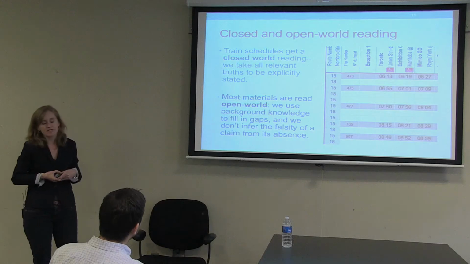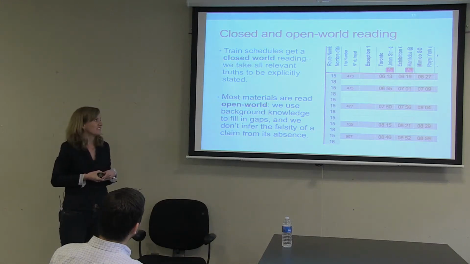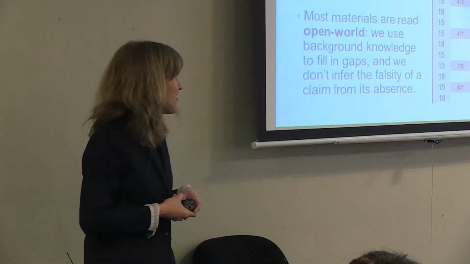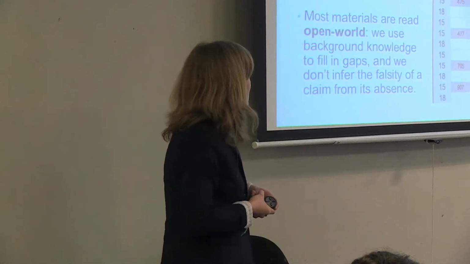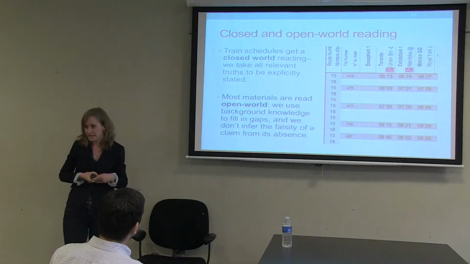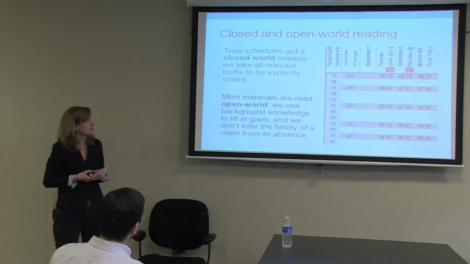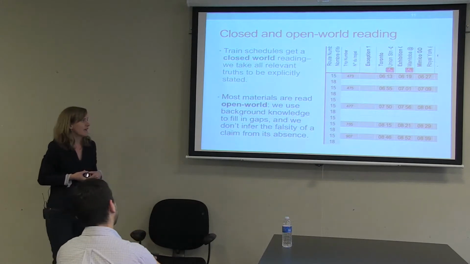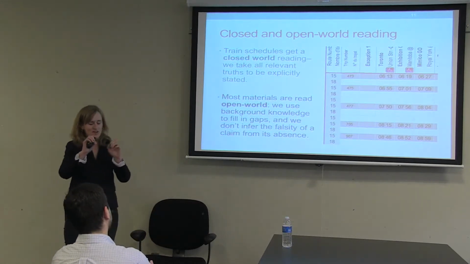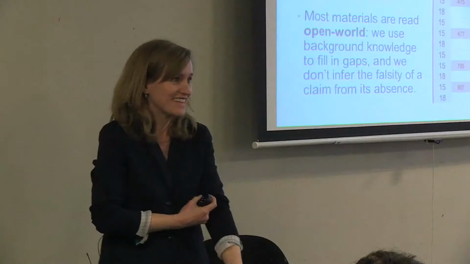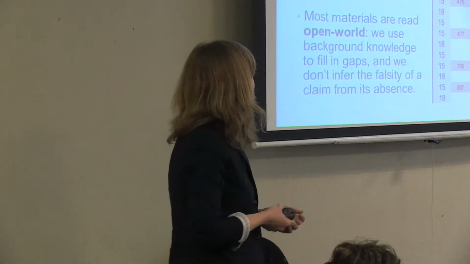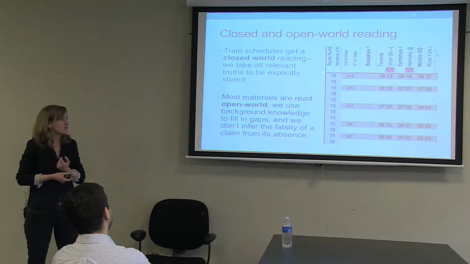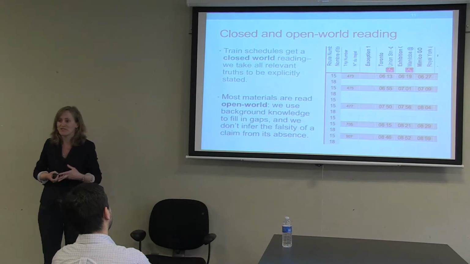The train schedule does not have to explicitly stipulate that there are no trains departing at other times. You understand that to be the case because you take a closed world reading of this material. You take all relevant truths to be explicitly stated, and sometimes people will even describe the closed world assumption in very strong terms, like anything that's not explicitly on the list is false. Train schedules are read this way, but very, very few other things are.